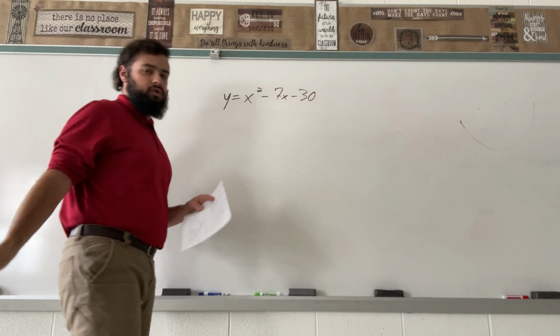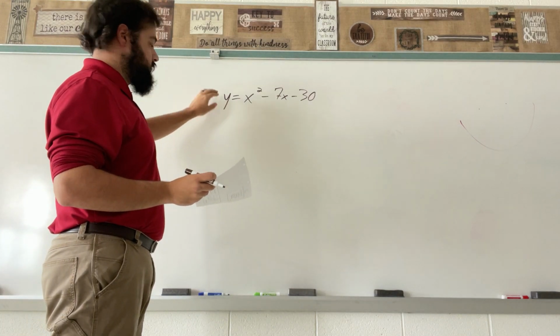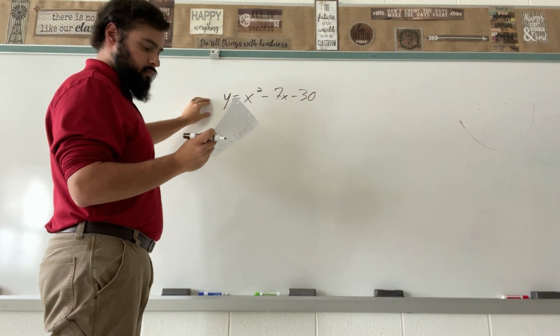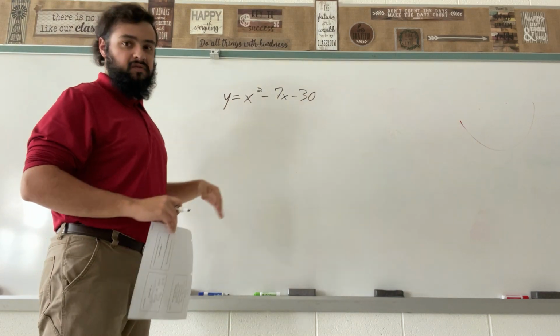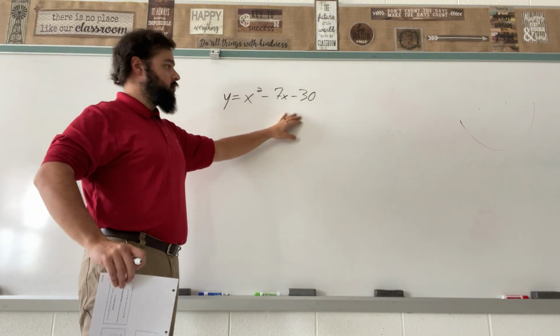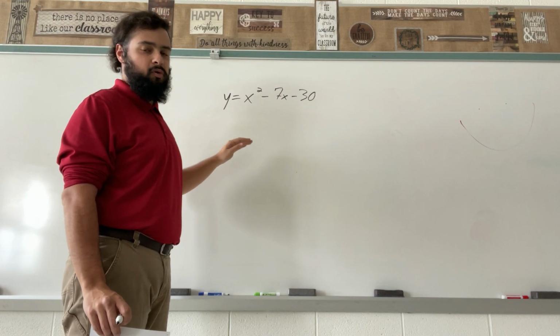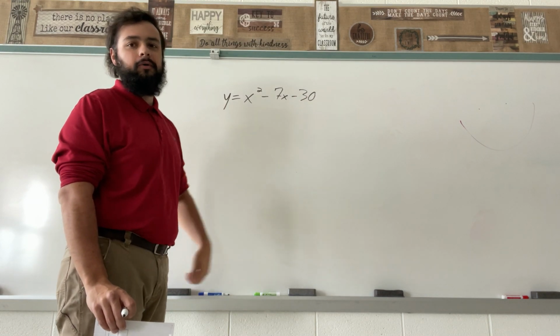What I would like you to do right now is set y to be equal to 0. So make this y equal 0, and then pause the video and try it for yourself. We'll come back in a minute once you've tried it and see what you get, and I'll go over it, okay? So pause the video right now and try this one on your own.